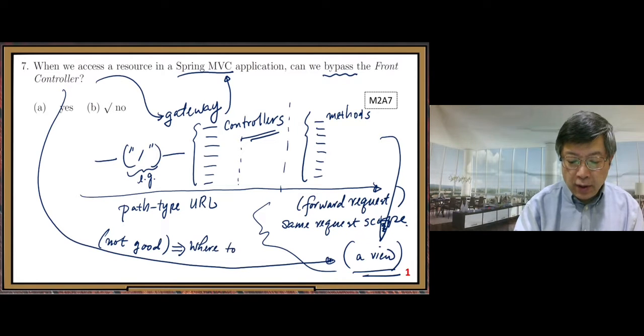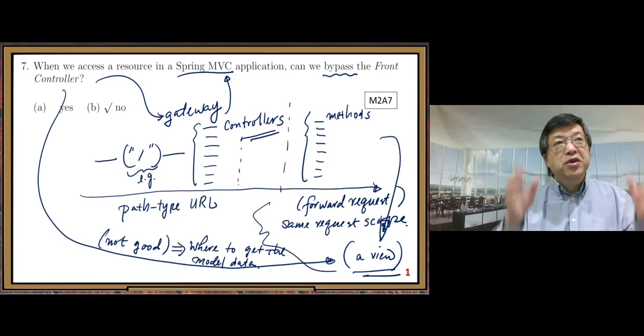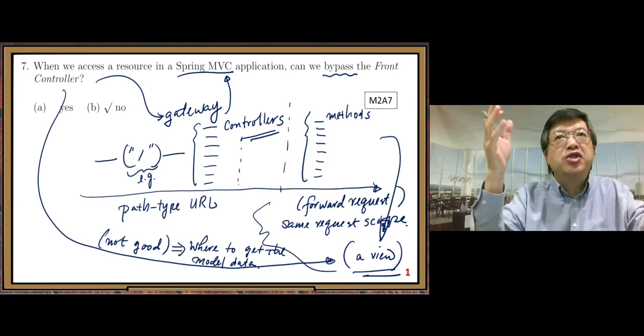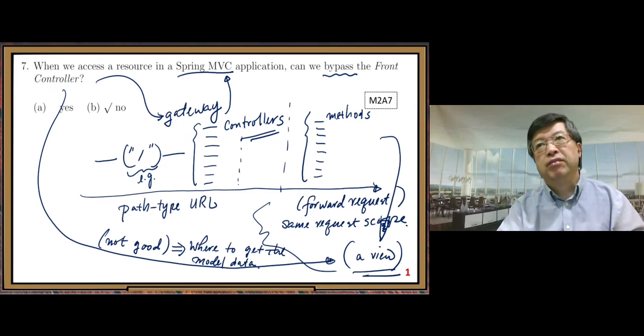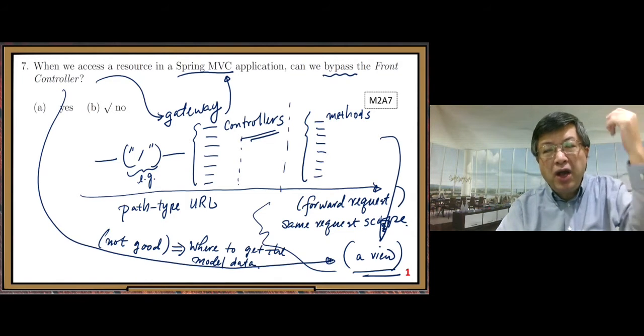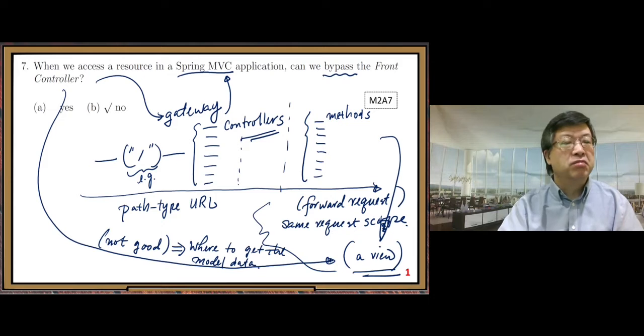Where to get the model data? You just bypass the model data preparation part, so you cannot get business data displayed on your view page. So that's the reason.